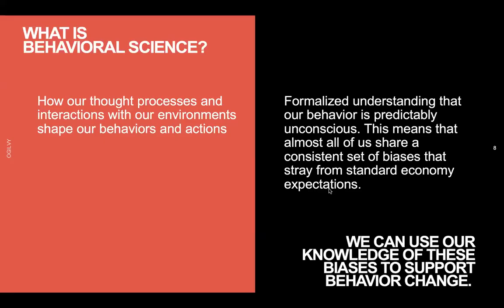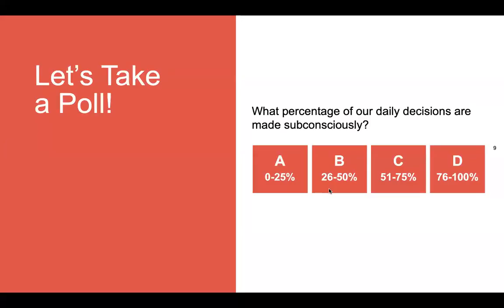You can also think of it as a formalized understanding that many ways we behave are unconscious, but the ways we behave unconsciously are often predictable. And we can take advantage of this kind of predictable unpredictability to support resilience behaviors and other actions, change behaviors, change resilience behaviors.